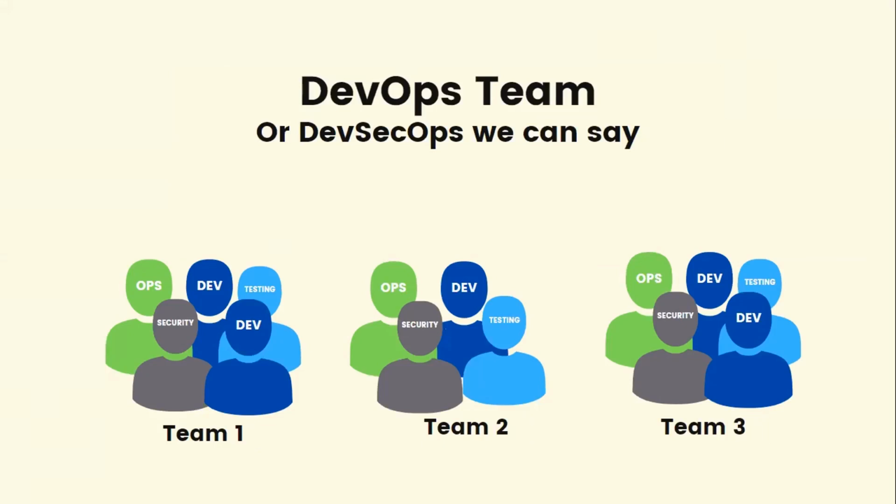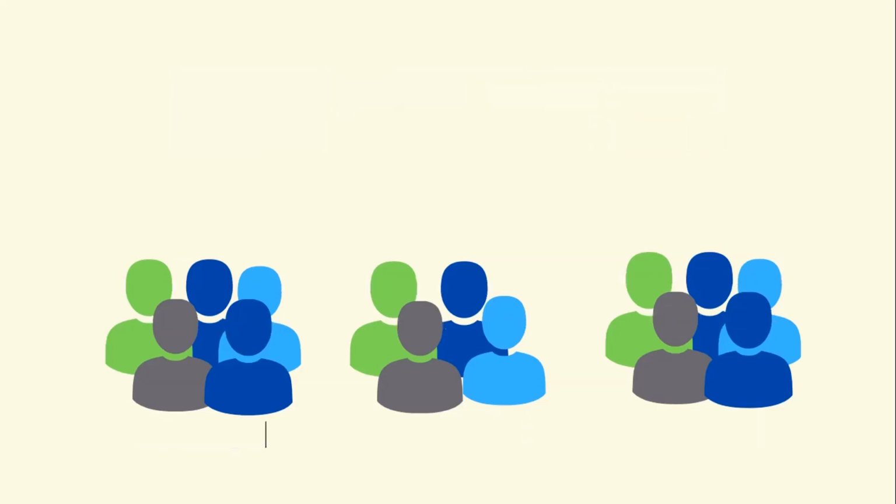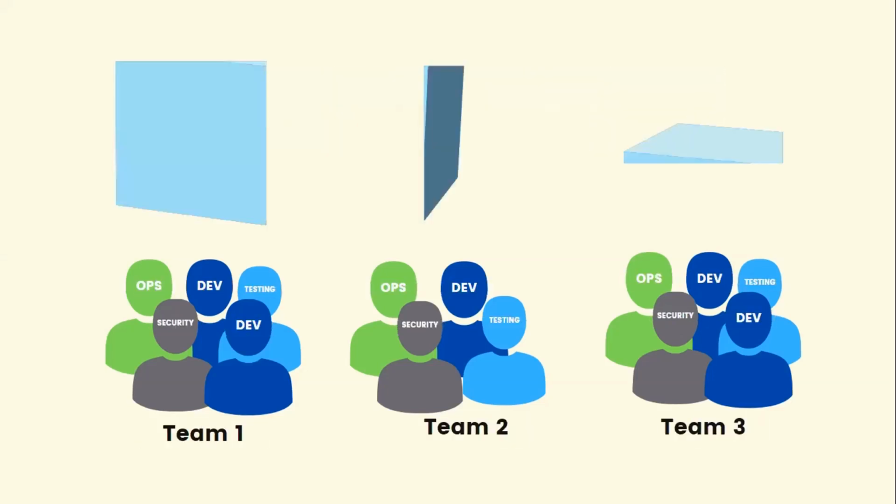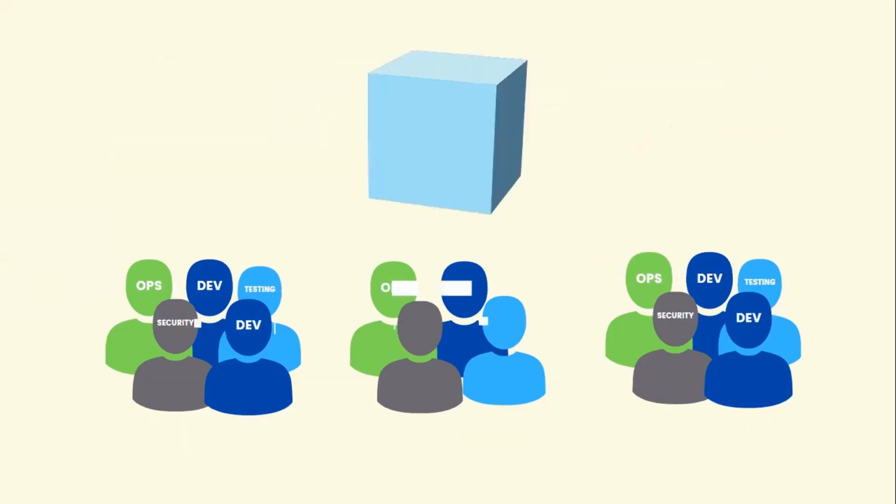Everything is kept and stored privately, and everything is encrypted over the network. So this is how a DevOps team looks, where you have all the people in a specific team. All of these teams work on subtasks, as in every team has a subtask to work on, and then they collaborate and finalize their final product, and then it is delivered to the final customer or any organization they are partnering with.